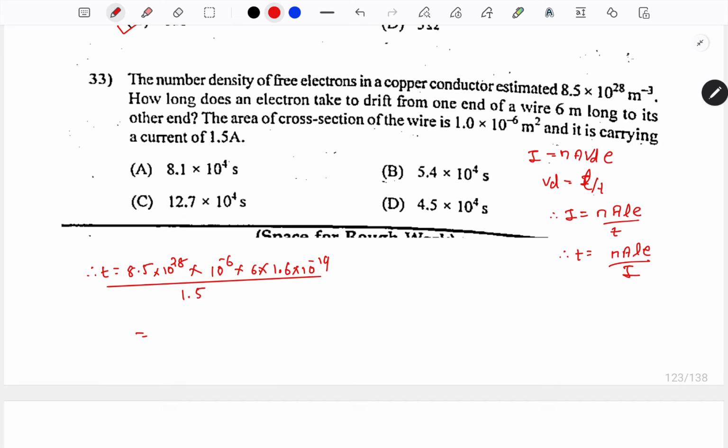So our answer is 54.4 into 10 to the power 3, which is 5.4 into 10 to the power 4 seconds. So 5.4 into 10 to the power 4, answer C.